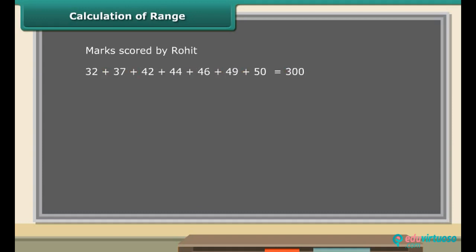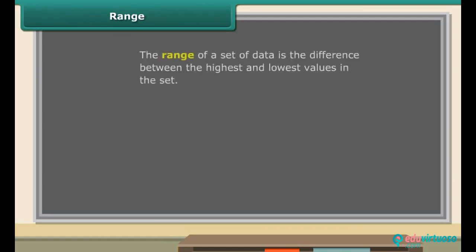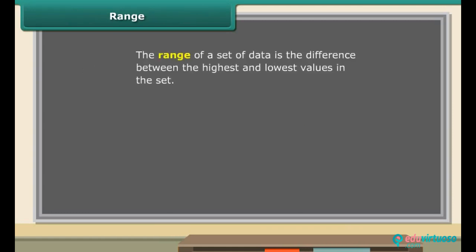We know he gave maths test 7 times. So the mean marks of Rohit are equal to 300 divided by 7, which is equal to 42.86.